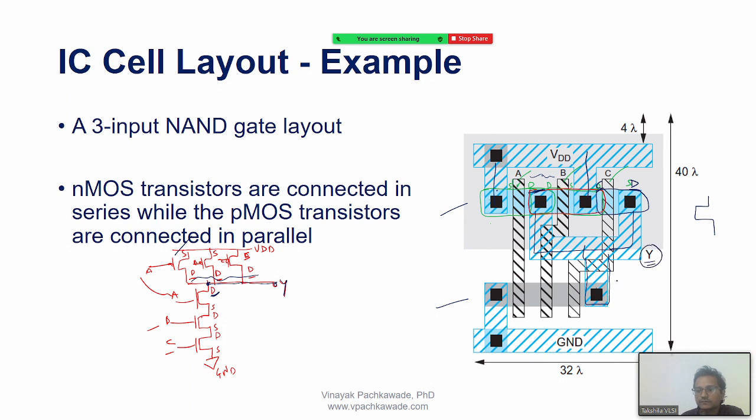Sir, while connecting, it's supposed to be a metal contact, no, sir? Yeah, so I'm using the metal lines only. Yeah, metal contact. So see, here is one contact, and here is another contact.